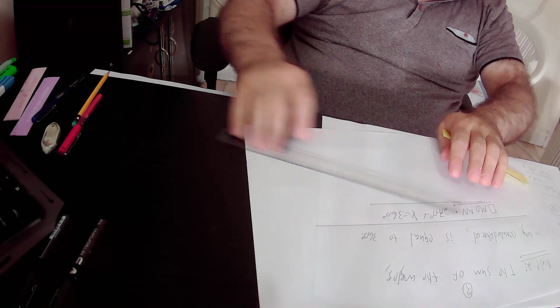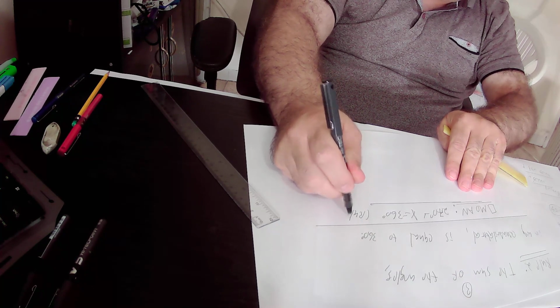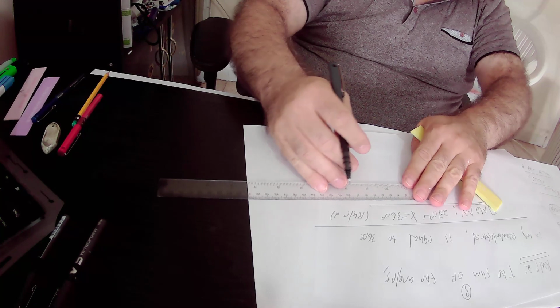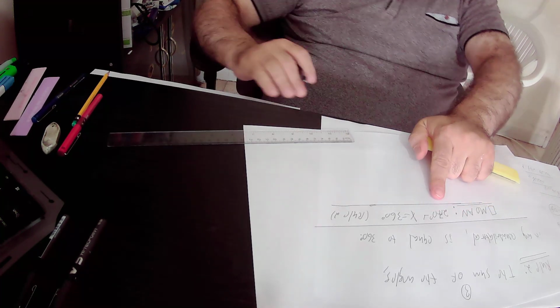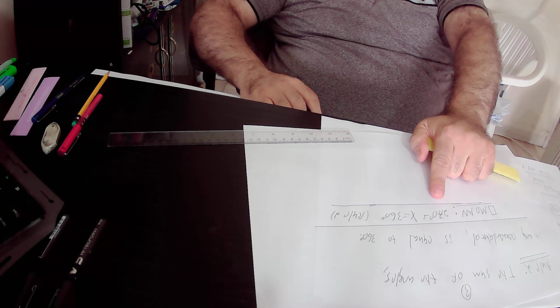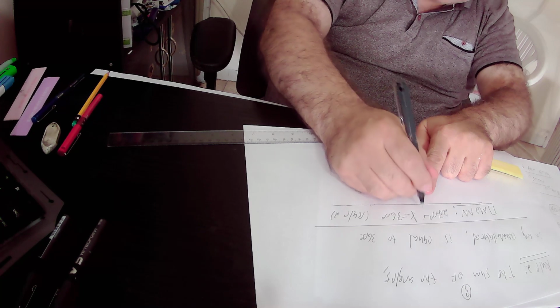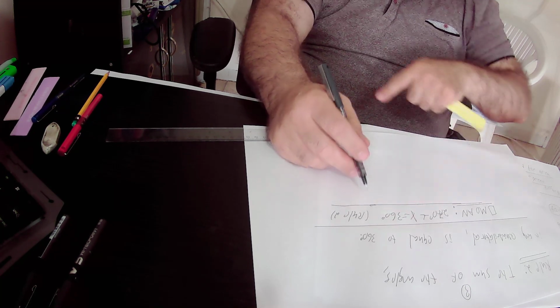According to rule number 2, the sum of the angles in quadrilateral MOAN must be equal to 360 degrees. Therefore, the sum of the 3 angles, that is 270 degrees, plus angle X, must be equal to 360 degrees.